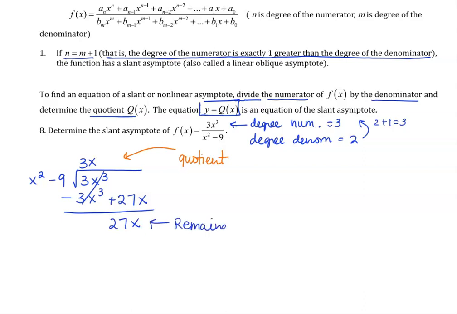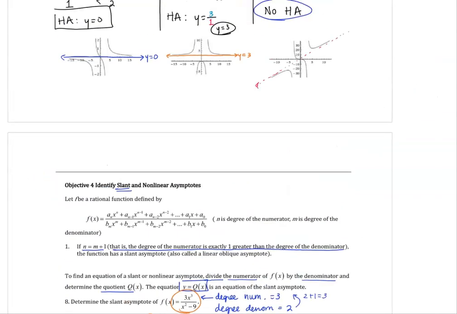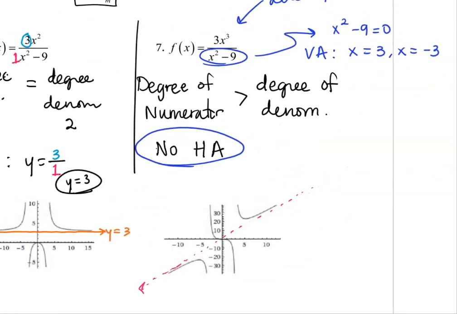And I'm not terribly concerned with my remainder because all I need is the quotient to write my slant asymptote, which will be the line y is equal to 3x. So this example here, this 3x cubed over x squared minus 9, that's the same example we were looking at in number 7. When I drew in this pink line, that is the slant asymptote. That is the equation of the line y is equal to 3x.